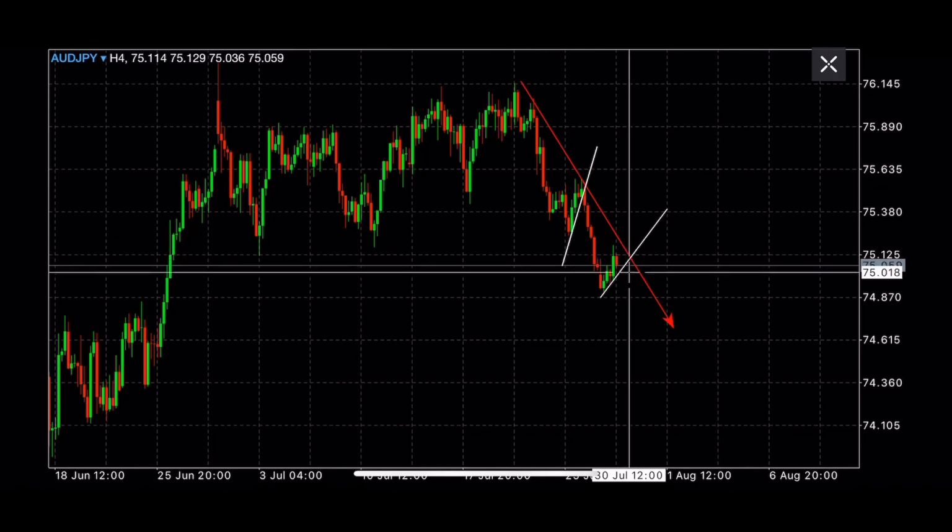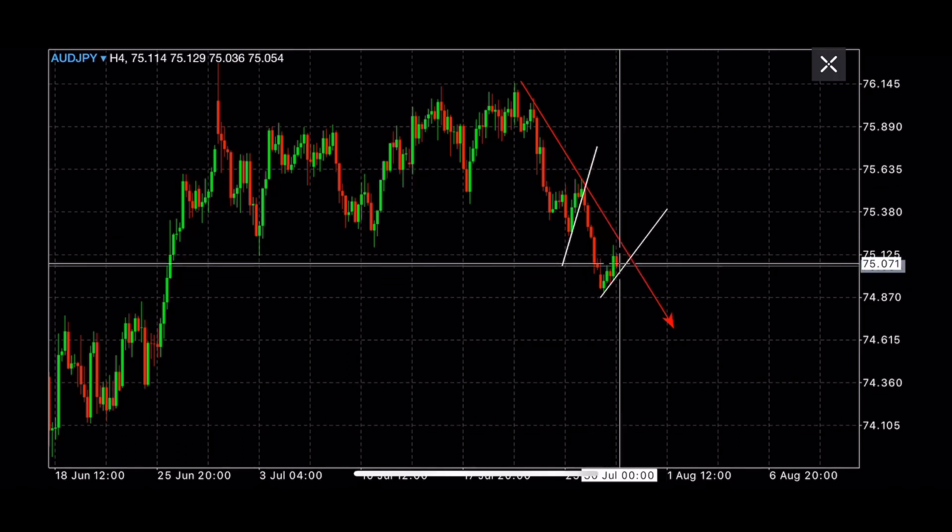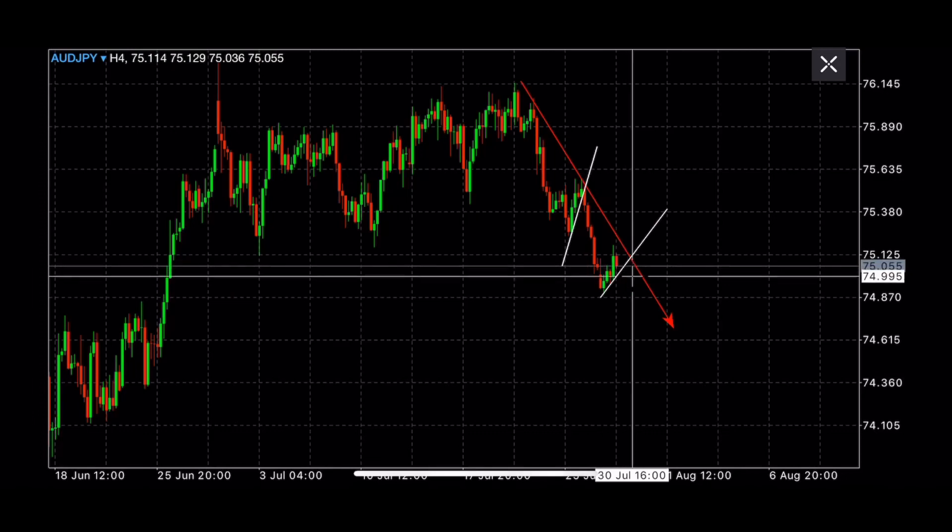So you would have to enter this market when the price crosses the reversal line.